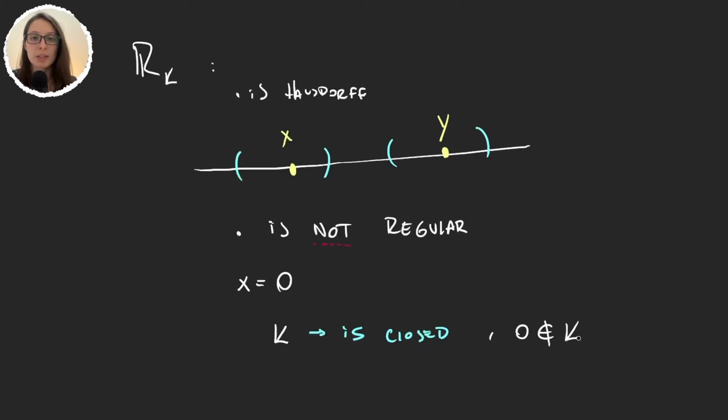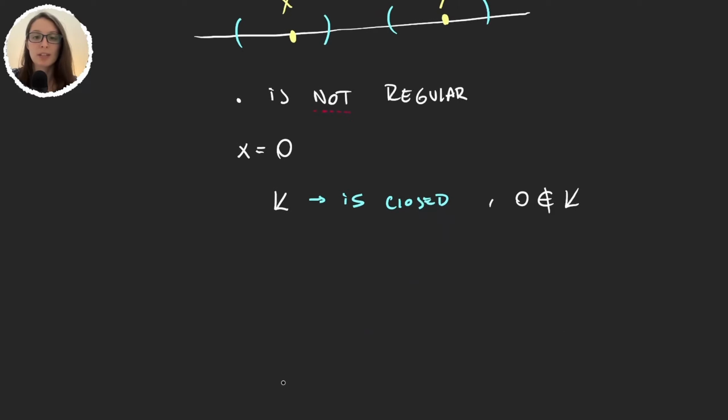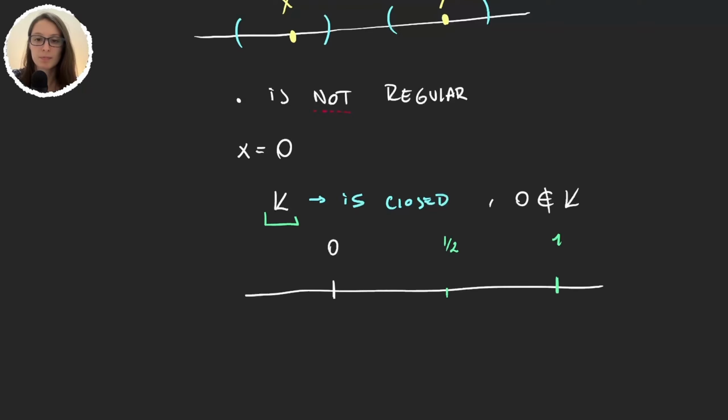Well, let's see if we can separate these. I'm not going to get very technical, because you can do all the calculations yourself. But here we're taking x to be 0, and our closed set K starts at 1, then 1/2, 1/3, and so on, approaching 0, so it's very close there to 0. And so if I want to find an open set that contains K, that open set is going to be an interval. And if I have to grab all these elements, then immediately with an open interval, I will be grabbing 0.